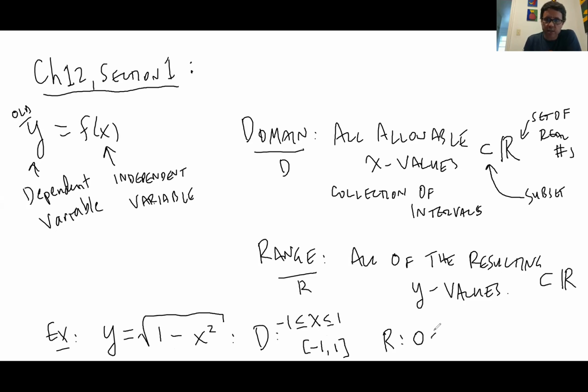So at least the y values have to be greater than or equal to 0. Now, how about on the high end? Is there any restriction on the high end? You're like, I don't think so. But then you start plugging these things in and you realize that as x gets closer and closer to 0, the largest y can be is 1. You can't get above 1 in this. And so we would say that the range is all the y values between 0 and 1.